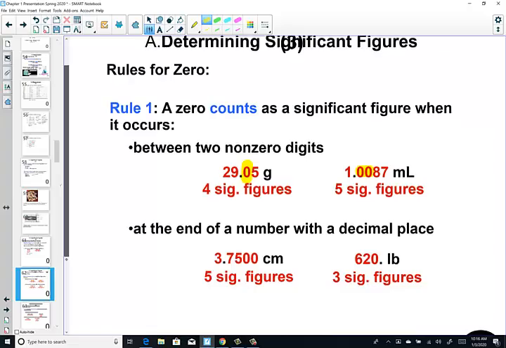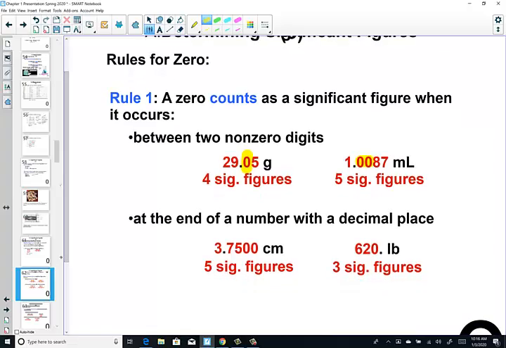If the number has a decimal place in the value, at the end of the number, anytime you see a decimal place, the zeros will be significant. Notice the decimal place is placed in this 3.7500. That tells me that these are indeed significant zeros.